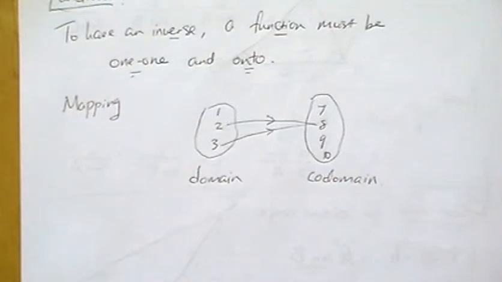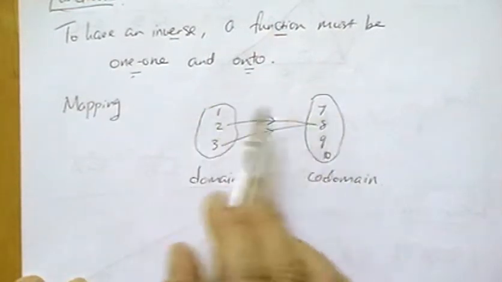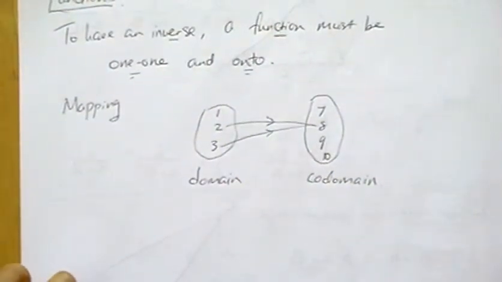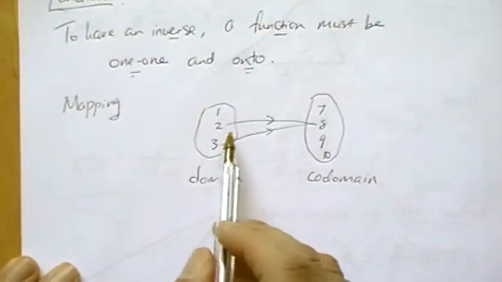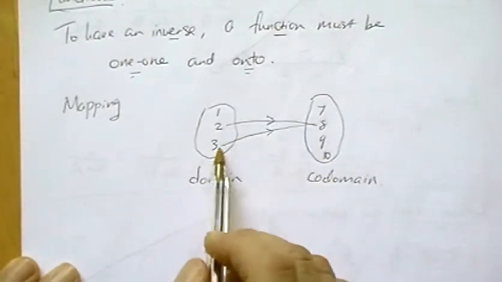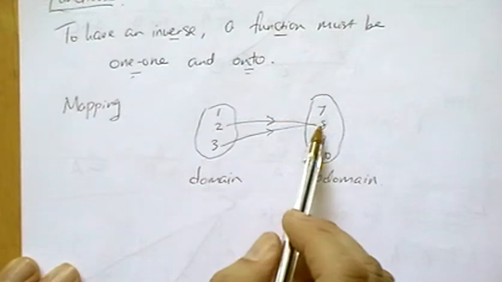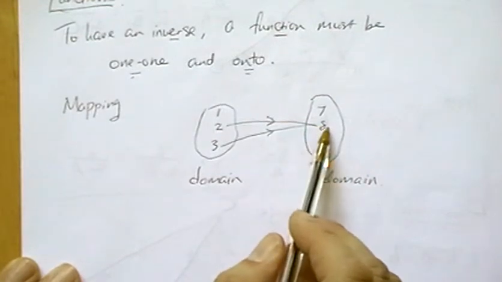So now I have a new mapping rule like that. 1 is still not mapped to anything. Alright, I'm not interested in that yet. So both of these numbers are related to the same number 8.